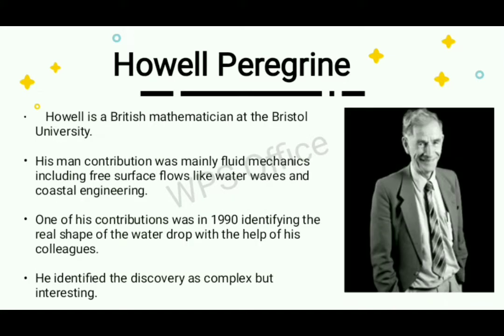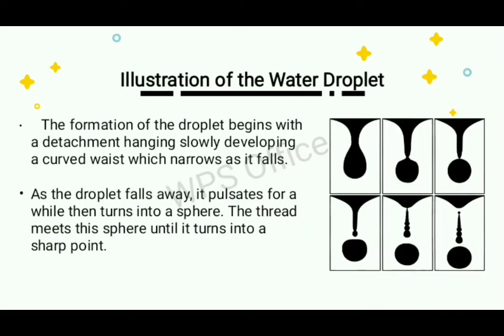In 1990, Howell Peregrine and colleagues at Bristol University photographed the process of water droplets. His contribution was mainly in fluid mechanics, water waves, and coastal engineering. So either way, he did what we call the water droplet illustration.